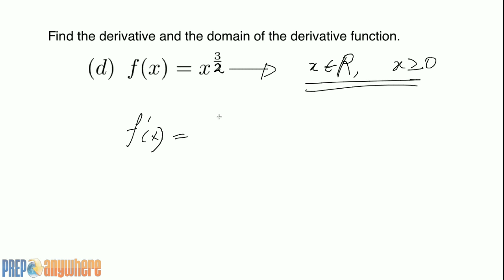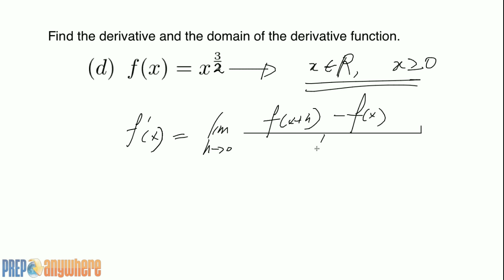For the derivative function, you have to go back to the definition, which means this: x plus h to the power of 3 over 2 minus x to the power of 3 over 2, all over h.